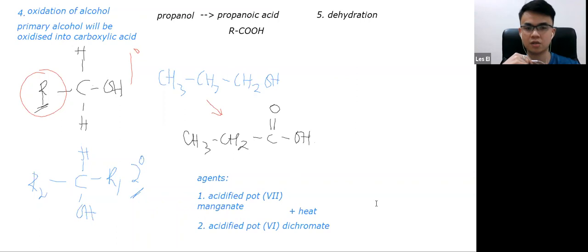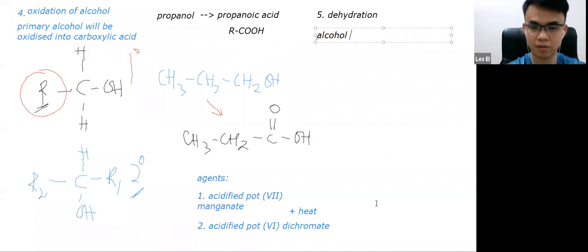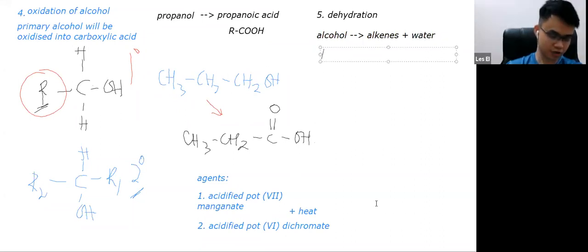So if you dehydrate alcohol, it will give you alkenes and water. If you remove the water molecules from alcohol, it will give you alkenes plus water.